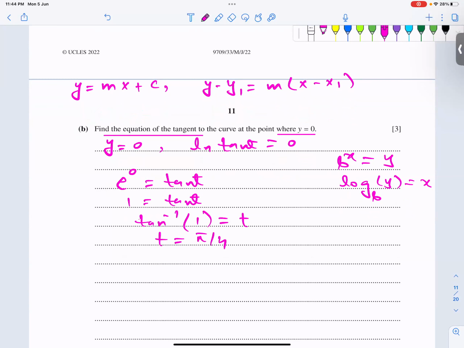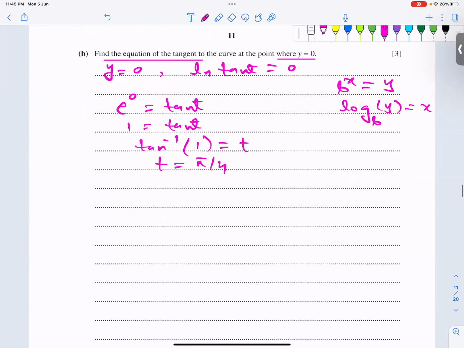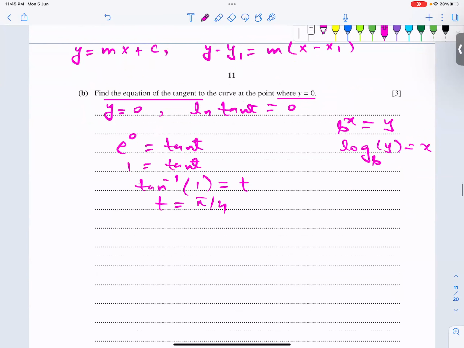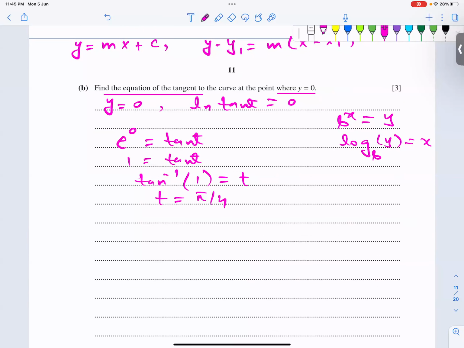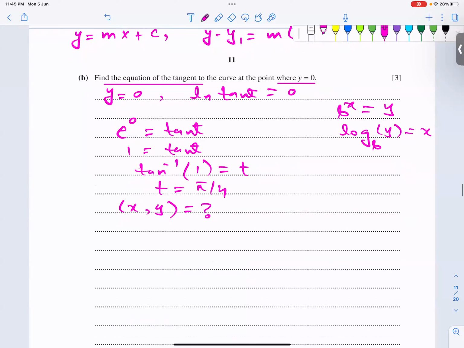Now you can put t is equal to pi by 4 in the question. We actually need x and y both. But out of these 2 values, we have y is equal to 0 as it is given in the question. Now x was 1 over cos t, and we have t is equal to pi by 4.